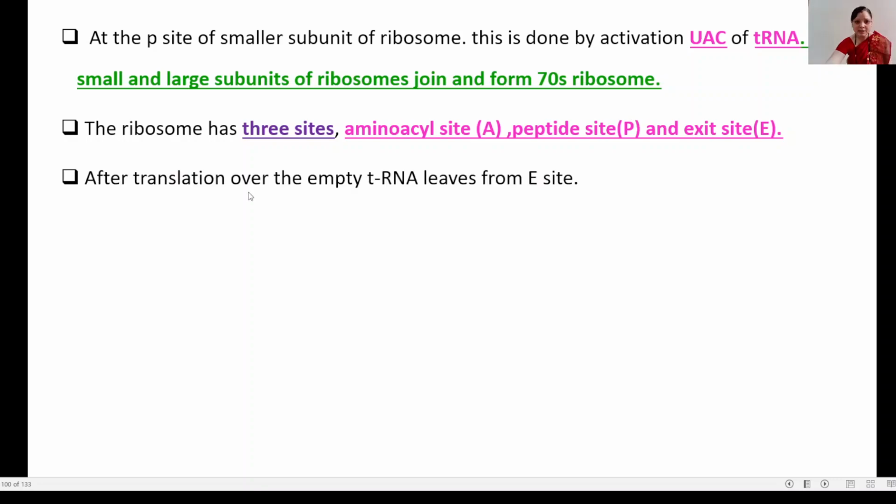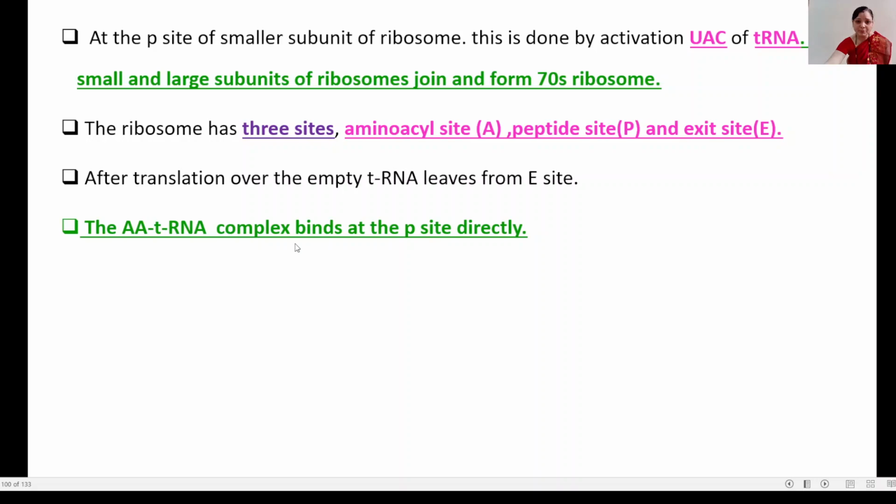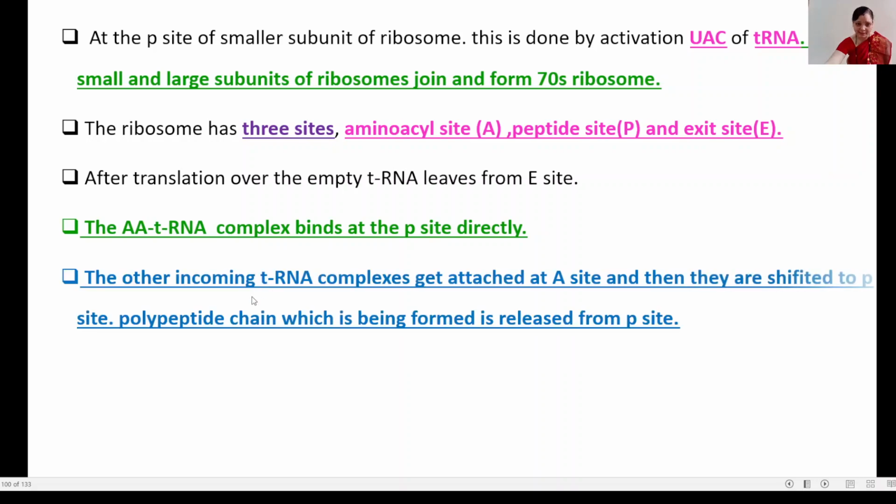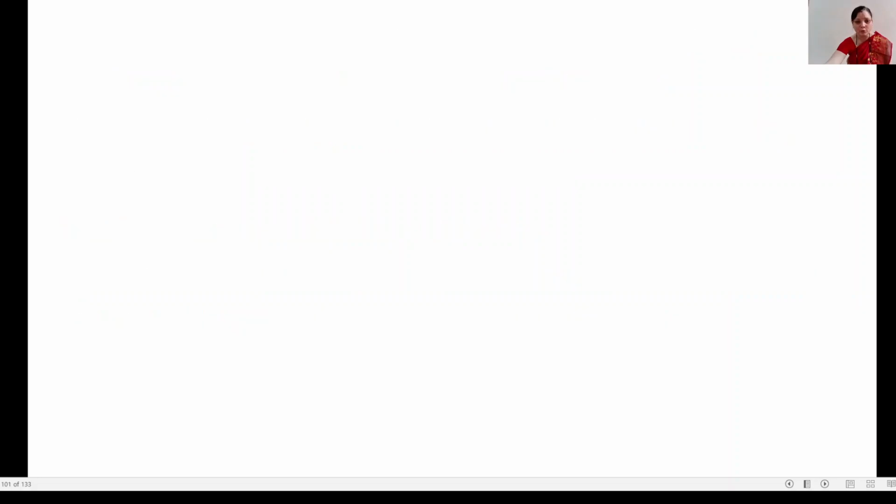After translation is over, the empty tRNA leaves from the E site and the AA tRNA complex binds at the P site directly, and other incoming tRNA complexes get attached at the A site, and then they are shifted to the P site, and the polypeptide chain being formed is released from the P site.